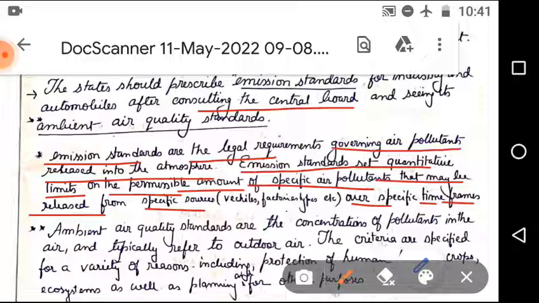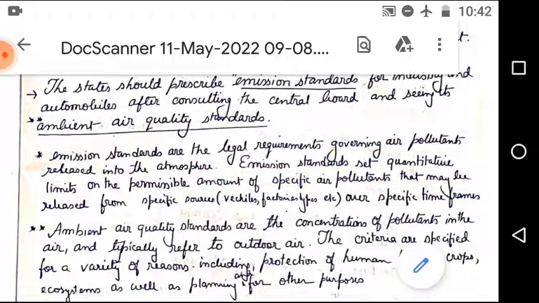That means how much we can emit in a period of time, not more than that. Depending on the specific source, if you own an automobile, it has some permissible limits. If you own an industry, the industry has an emission standard for how much pollutant it can release, and which pollutants, not the harmful ones.